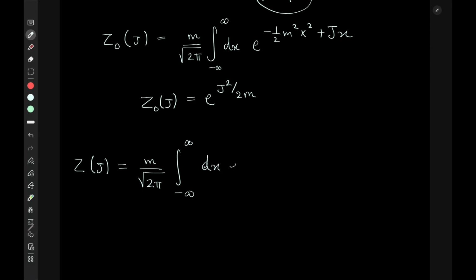It is of the similar form, e to the power minus half m square x square plus jx, but now there is another factor of x to the power 4, and there is also another constant here. Let's call that constant lambda, and for reasons that will be explained later, I'm also pulling out a constant factor of 4 factorial from lambda. So the overall constant I'm writing in this form.